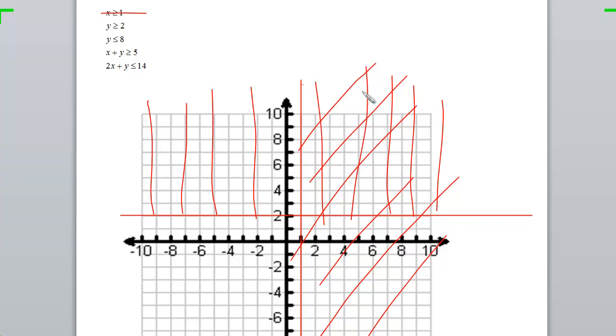And it's going to start looking a little bit busy here as I get the remaining three graphed. But right now we're talking the solutions right here. Over here in the first quadrant. And then I have y is less than or equal to 8. So again, this is another vertical line, or excuse me, a horizontal line at 8.